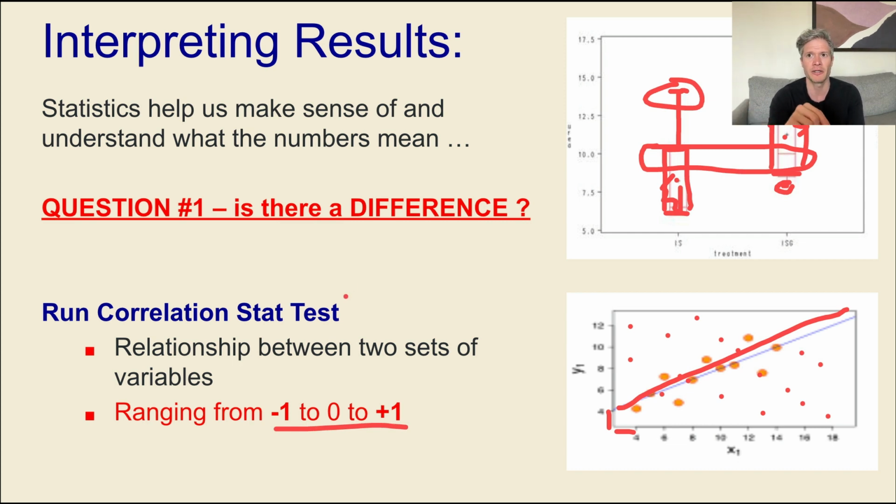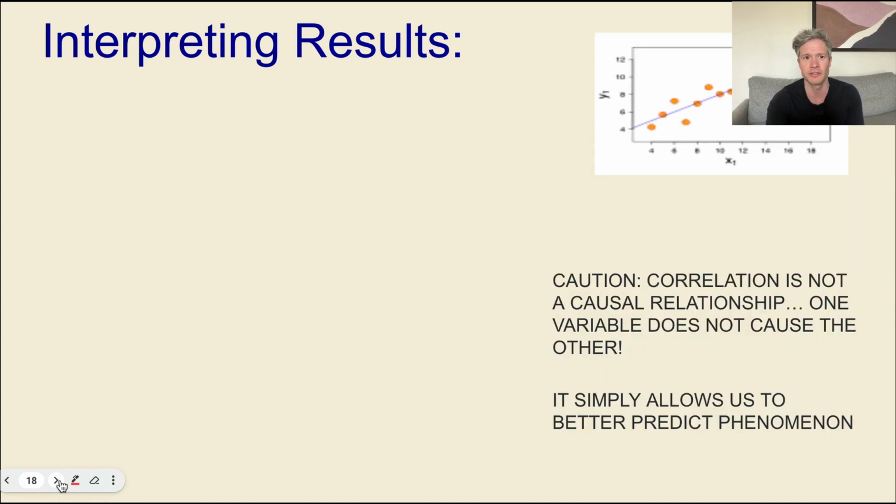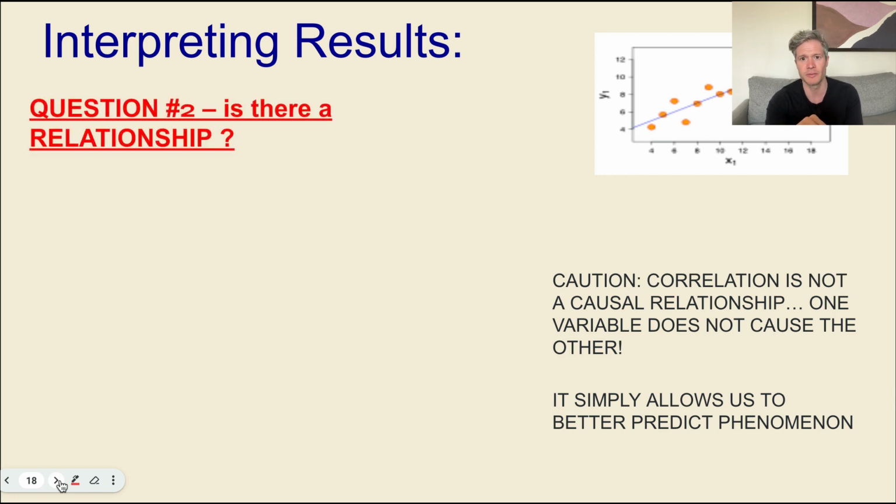But it's not comparing two groups of people. It's comparing two variables. That's where it's a little different than, say, a t-test or ANOVA. But let's go to where the strength and the real value of a Pearson correlational R value is, and that is: is there a relationship? How closely related are two variables?